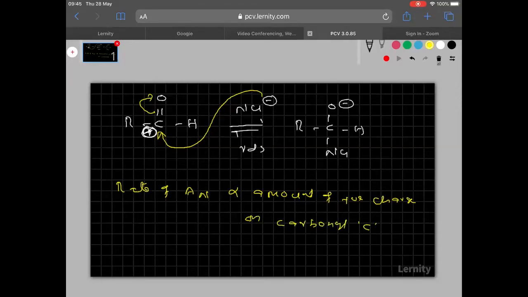The more positive charge there is, the more easily the nucleophile can attack. I hope you are able to understand this one.